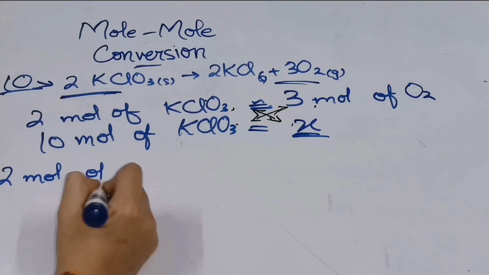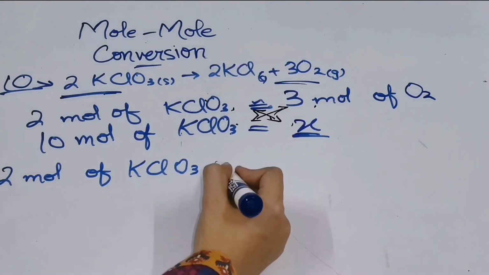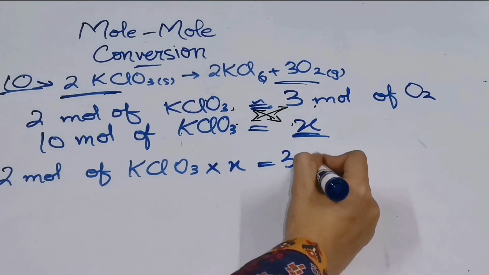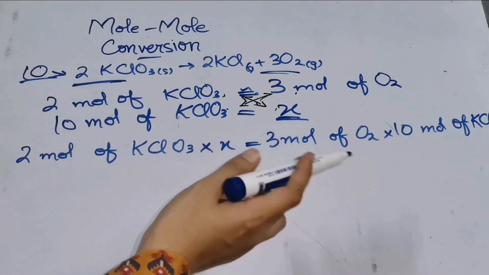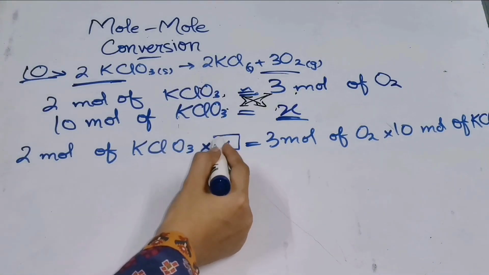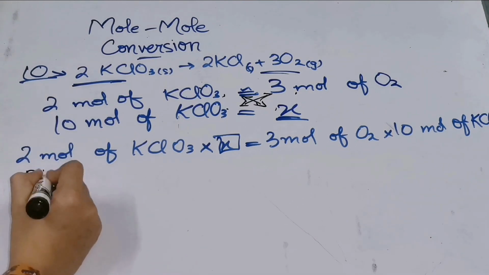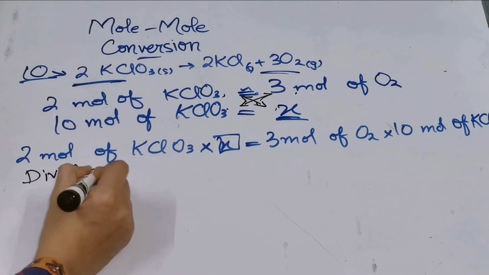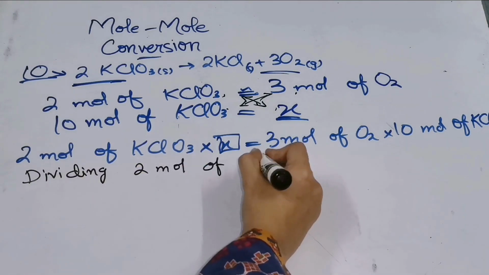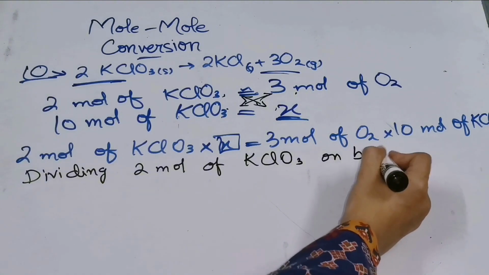Now how will we write the equation? We will write it as 2 mole of KClO3 multiplied by X, which will be equal to 3 moles of O2 multiplied by 10 mole of KClO3. Now X will stay in its place and we will write a statement: dividing 2 mole of KClO3 on both sides.